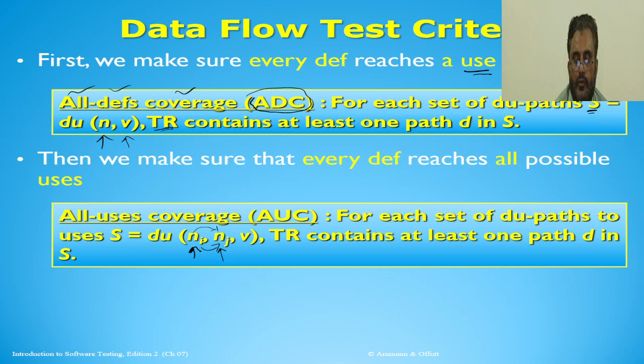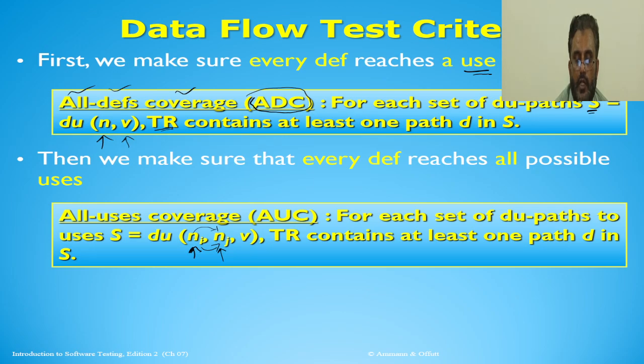So for each set of du-paths to uses S, the test requirement contains at least one path d in S. So if there is a path from a definition of a variable at Ni to a use at Nj, and for example there are two paths, but this is just one use on this node, it is enough that we cover at least one of those two paths. So we are also mentioning that we want to get to that use of this variable corresponding to the definition given on node Ni.